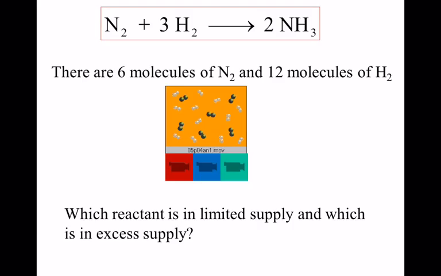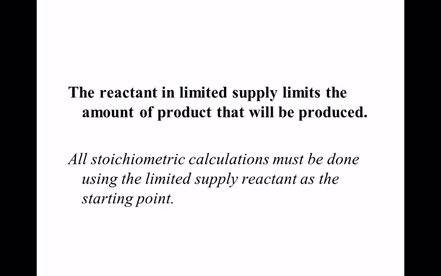And again, in Gen Chem 1, we talk about how you can use math to figure out which one you're going to run out of first. But even though we're not going to do calculations, I want you to understand the concept of a limited reactant. It's the one that you're going to run out of first and the one that governs how much product is going to be made.